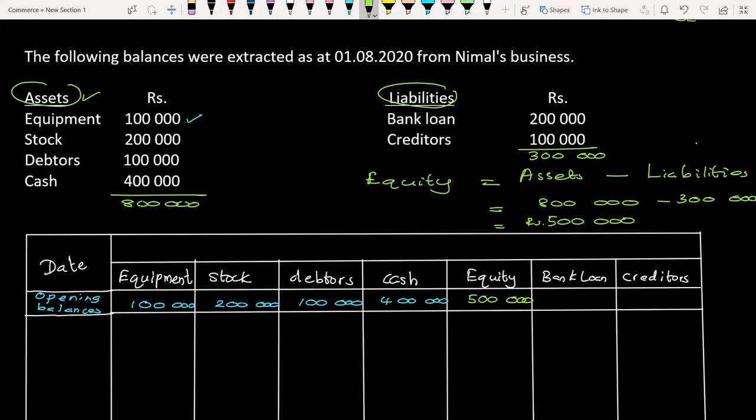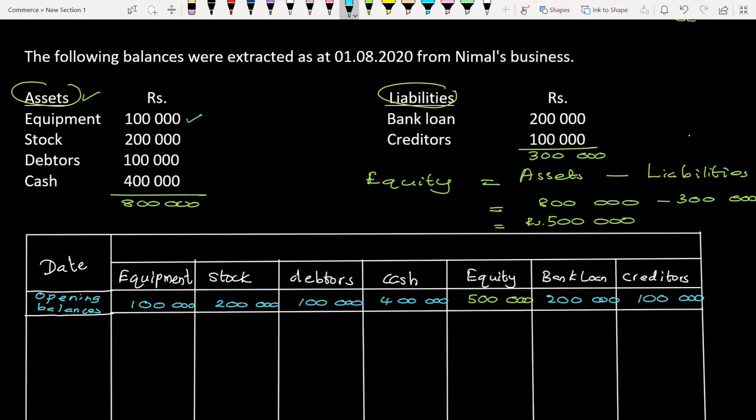Don't keep it empty, because there is always an equity amount when there are assets and liabilities in a business. Then the bank loan opening balance is 200,000, and creditors opening balance is 100,000. Right, now we have entered all the opening balances.